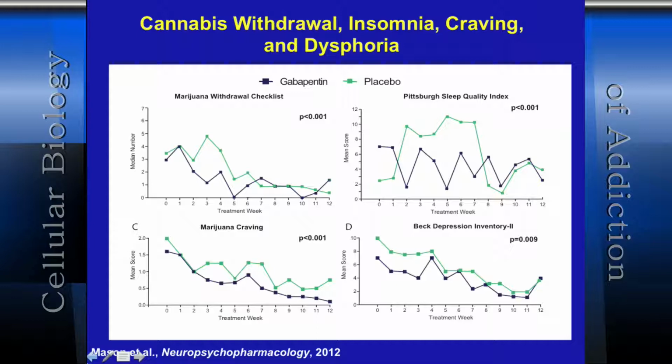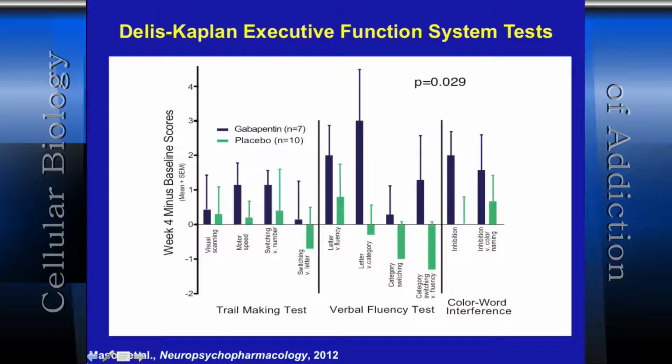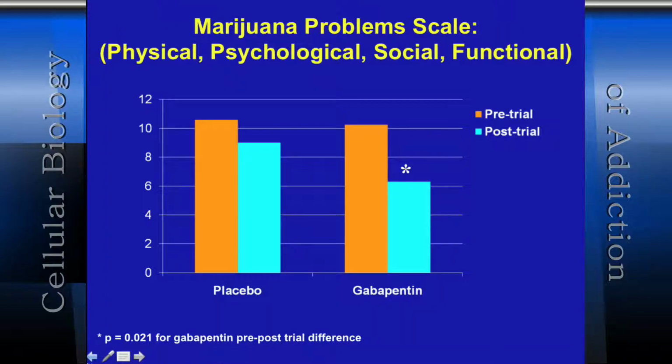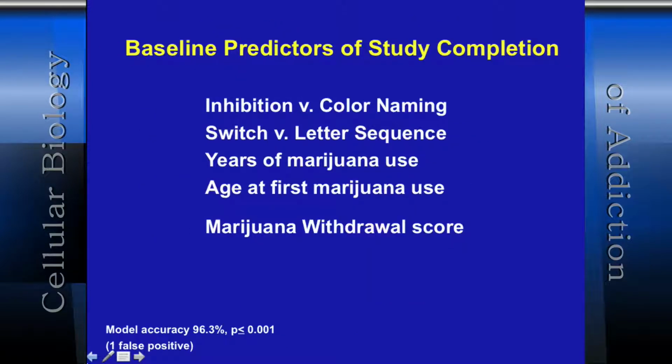And there's also this scale called the marijuana problem scale that looks at functional problems related to marijuana use. Even after this very limited treatment, the gabapentin group did show a significant reduction from baseline in functional problems, which is nice to see. You don't often see an improvement in functional problems.